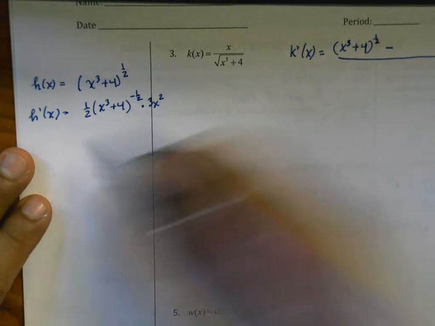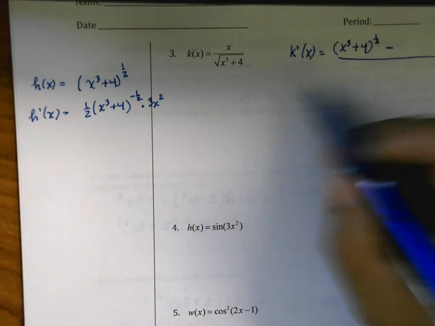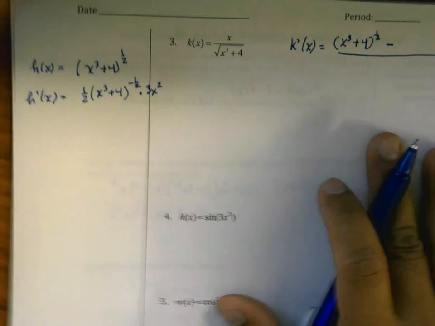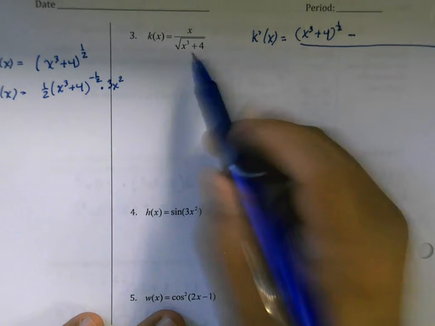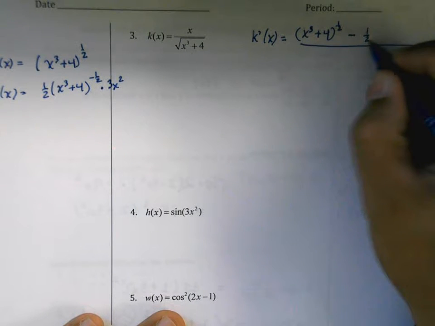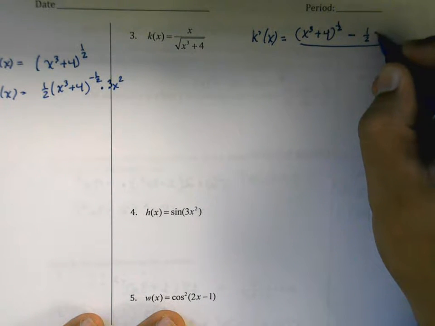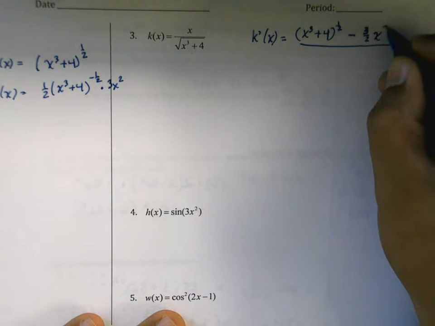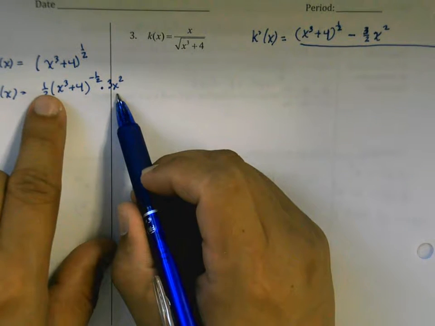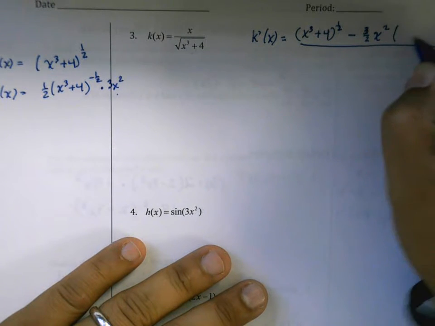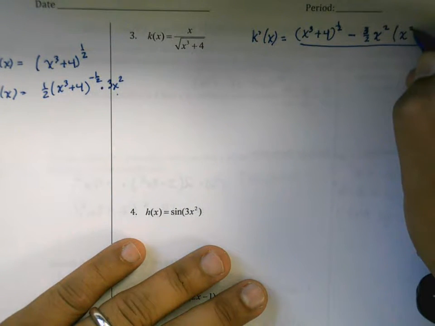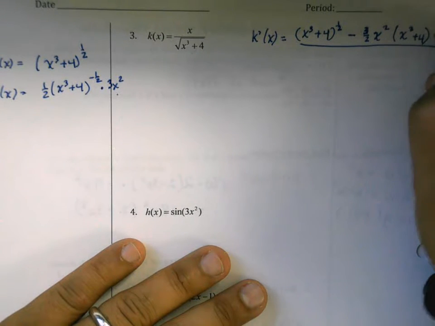So this result comes up here, because we're back to the original problem. The derivative of the denominator is 1/2, I'm going to call it 3/2 x squared, I'm just multiplying the 3x squared and the 1/2, times (x cubed plus 4) to the quantity negative 1/2.